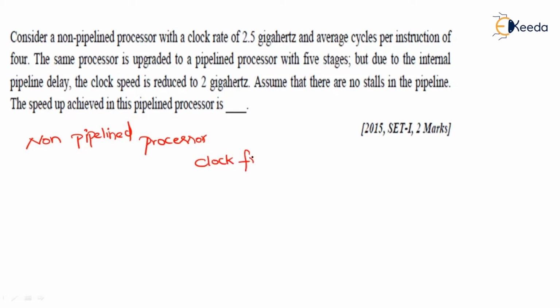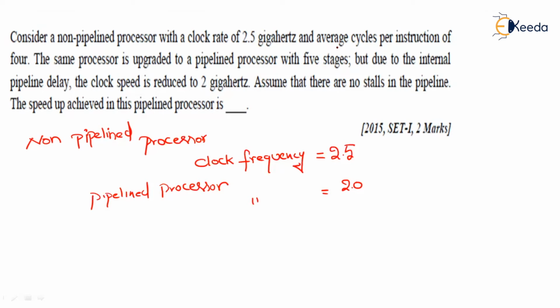Clock frequency is equal to 2.5 GHz. When it comes to pipeline processor, clock frequency is equal to 2 GHz. Okay.